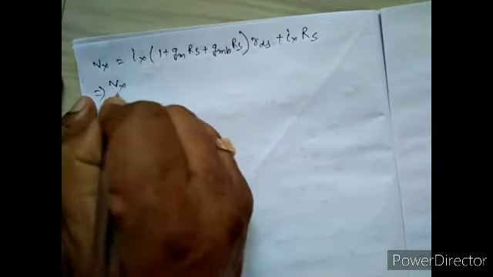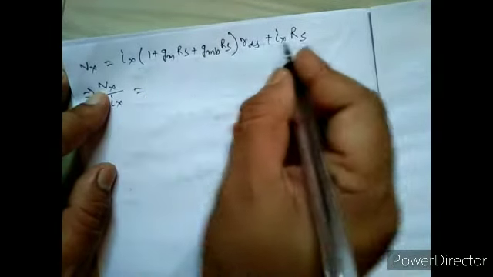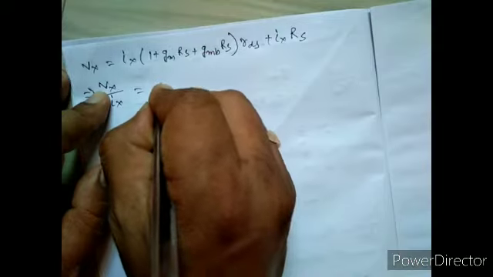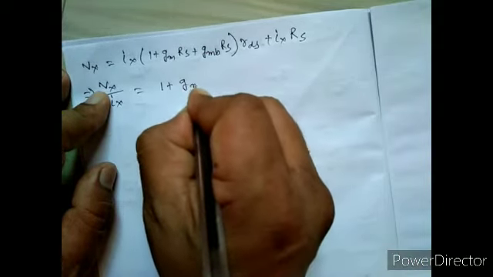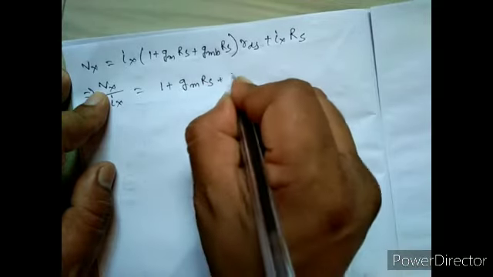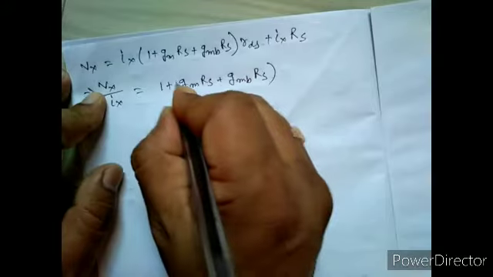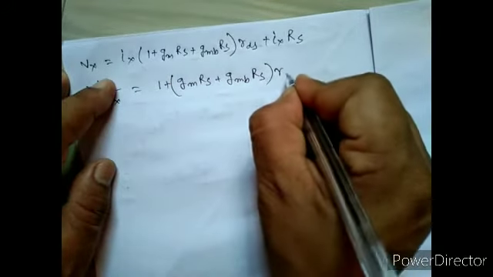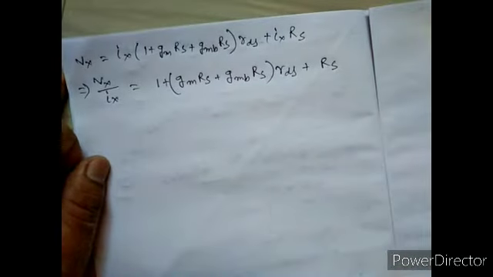You can write Vx by Ix equals what? Ix taking common, so I can write 1 plus GMRS plus GMBRS into RDS plus RS.